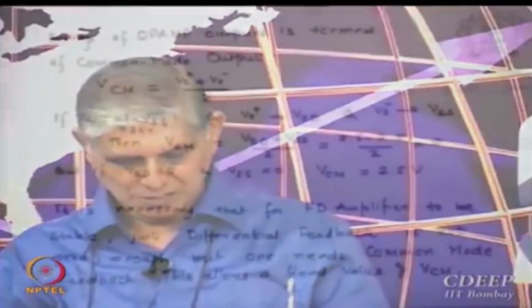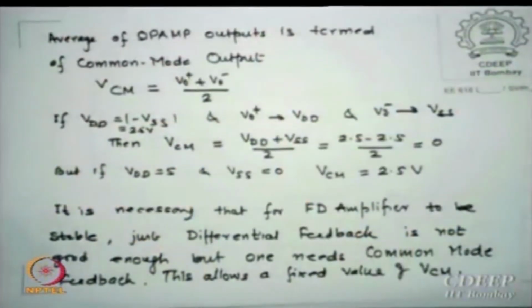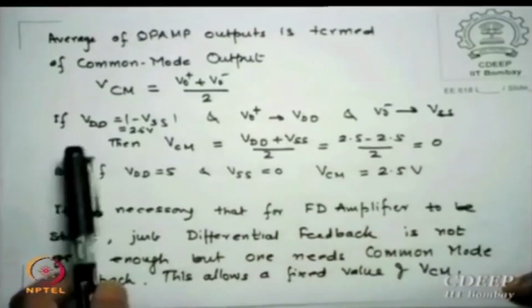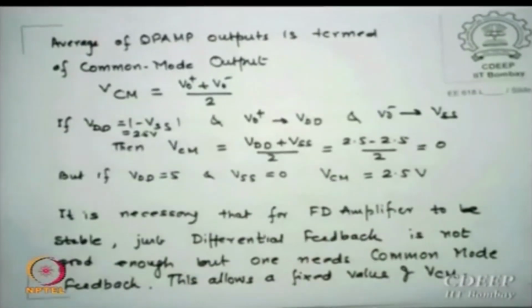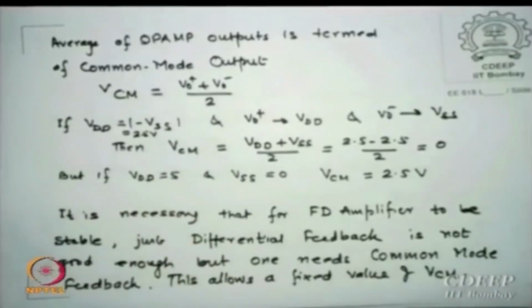Okay. Now we say the average of the op-amp output is defined as the common mode output VCM, which is VO plus plus VO minus by 2. Let us say by full swing we get VO plus goes to VDD, VO minus goes to VSS, and let us say VDD is 2.5, VSS is minus 2.5, then what is VCM? 0, okay, VCM is 0.